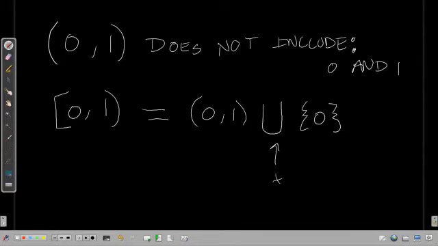You take this interval that didn't have 0 and it didn't have 1, and you glue a 0 onto it. And you would get this. It does include 0, but it does not include 1.